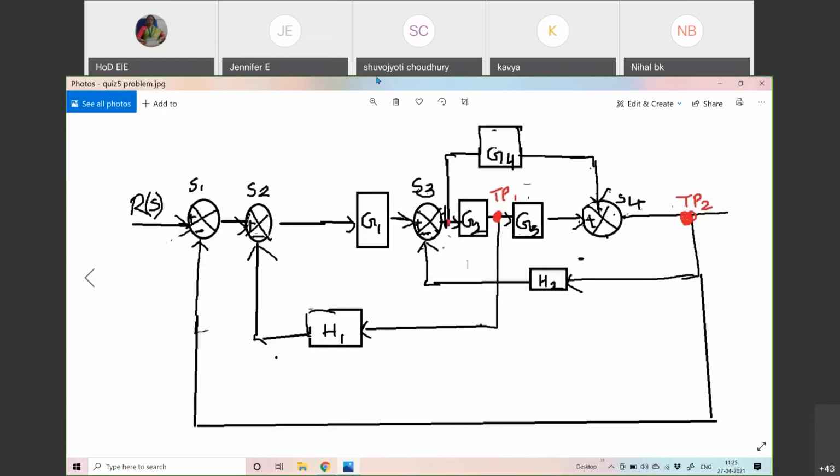Can you see this block diagram? Yes, ma'am. First thing is make a note of it. Later we'll go back to that two inputs thing.